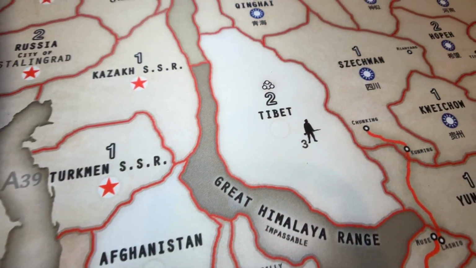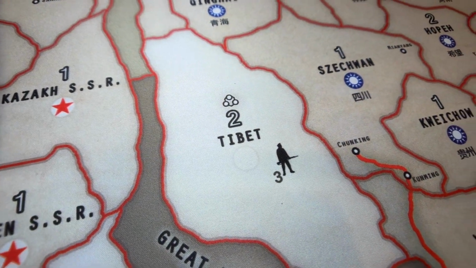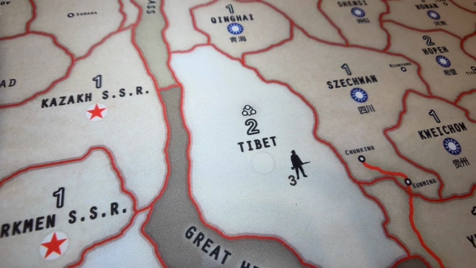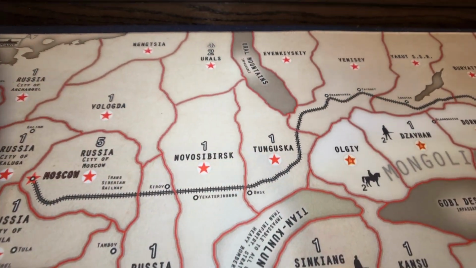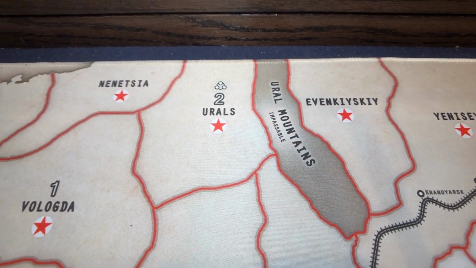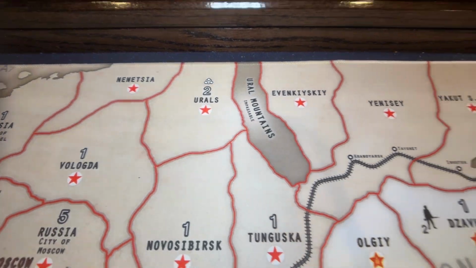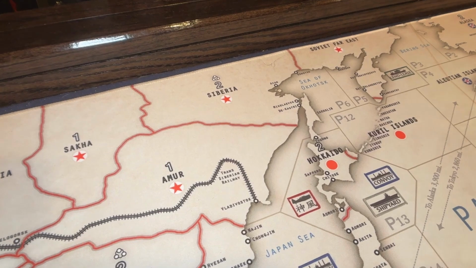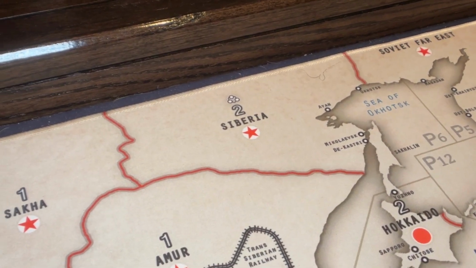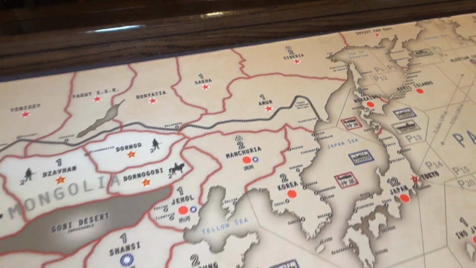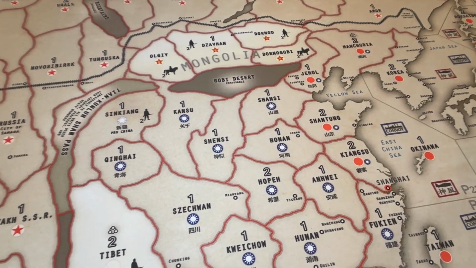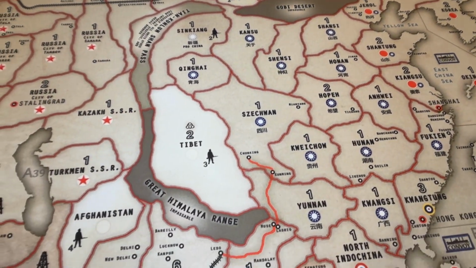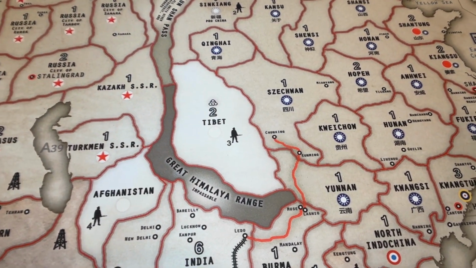So here in Tibet, for example, a strict neutral, has them up in the Urals. You see that symbol as well. There aren't many of them on the board. You get another one here in Siberia that has that little symbol on it. So again, adding value to those territories for getting those points that the Axis need that wouldn't otherwise be there.